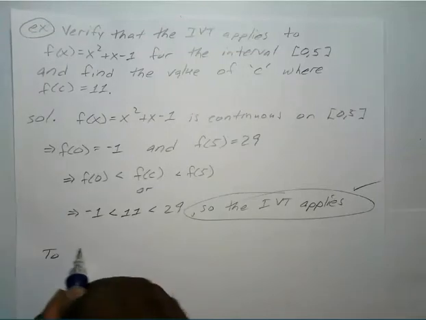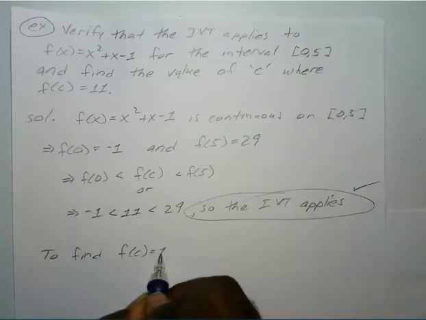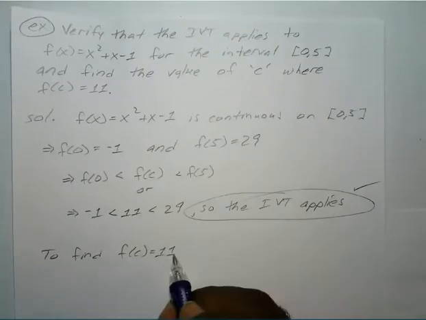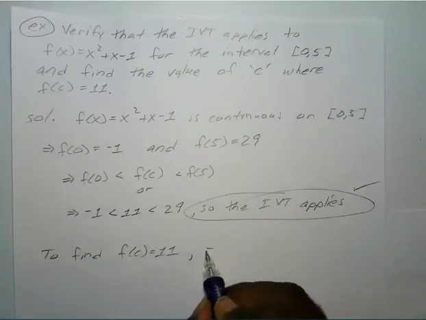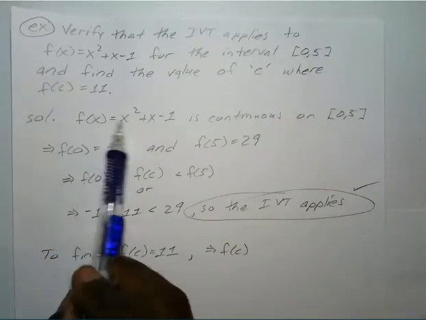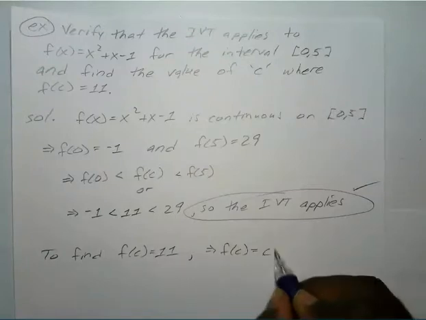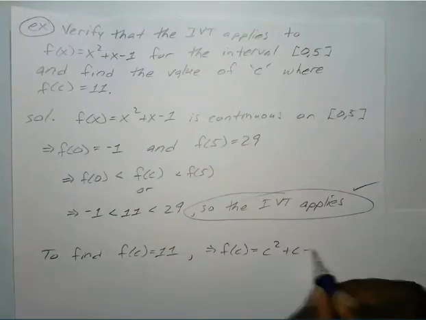Okay, so to find f of c equals 11, we just have to remember that f of x is x squared plus x minus 1, so f of c is c squared plus c minus 1.